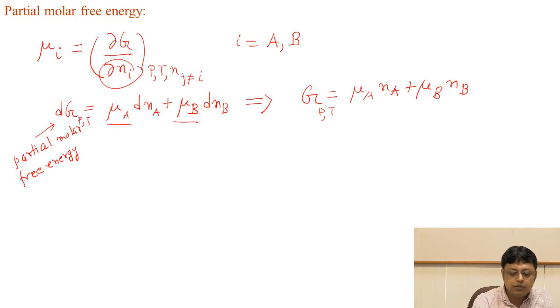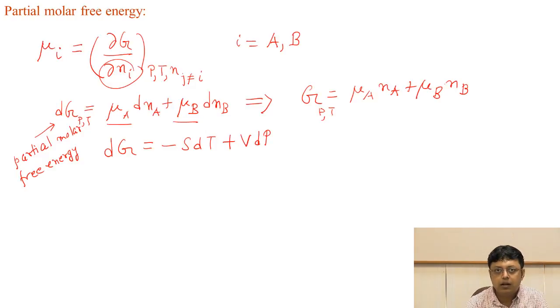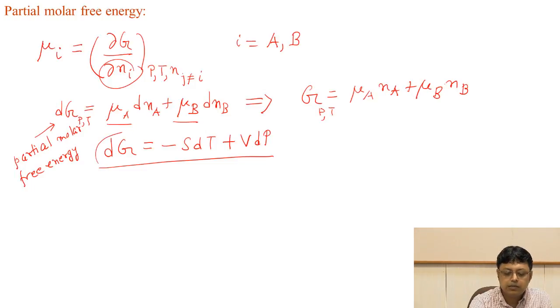Now the general equation for dG, if you remember, we wrote dG as minus SdT plus VdP. Now if we make the condition at constant temperature and pressure, this was for a one component system. Now for a multiple component system, when the pressure and temperature are constant, from this equation dG should be 0.